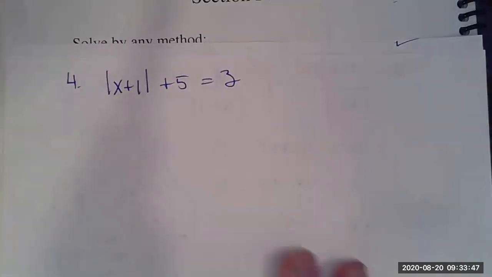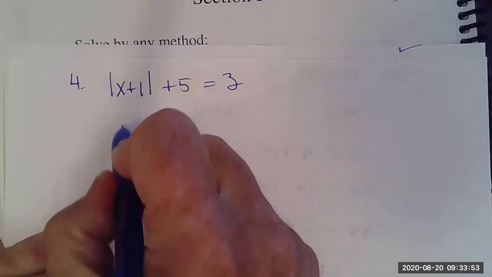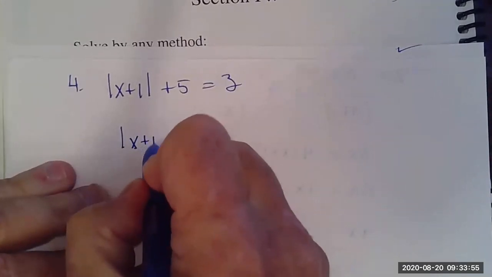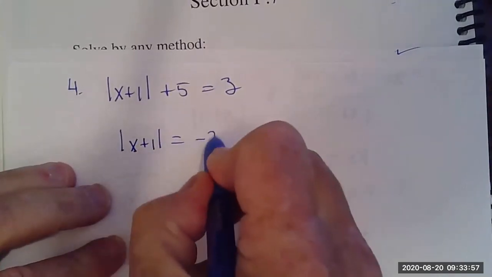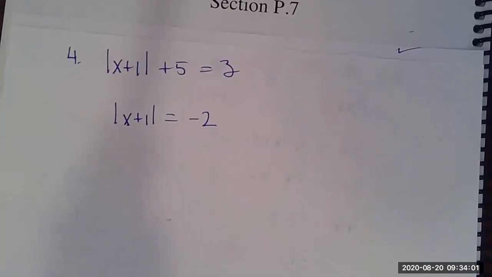Now, I think what I'm going to do is move the 5 over first because it's not inside the absolute value. So I get the absolute value of x plus 1 is equal to -2. And now, anybody have an observation or a statement, or can you come up with an answer or two?